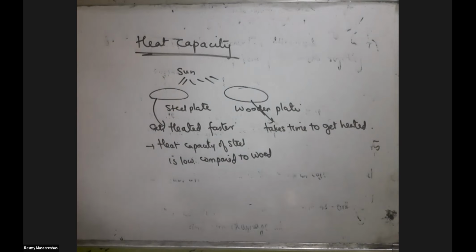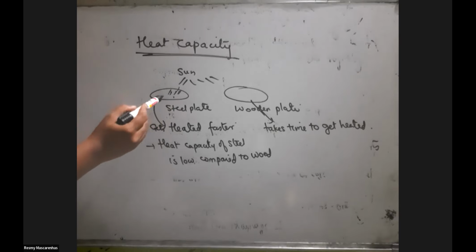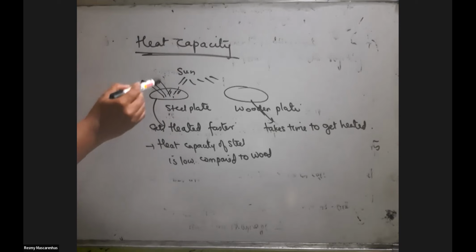Your stomach may take very little food, and some can take a lot of food. It depends on their capacity. So the same thing, every object will have its own heat capacity, how much heat it can take. The moment it takes very little heat, it is full. So it will start radiating back all this heat. That's why when you touch it, you feel it very hot, because it is giving out that heat.